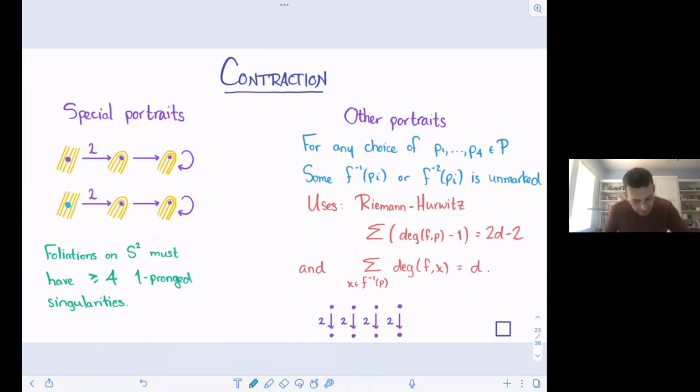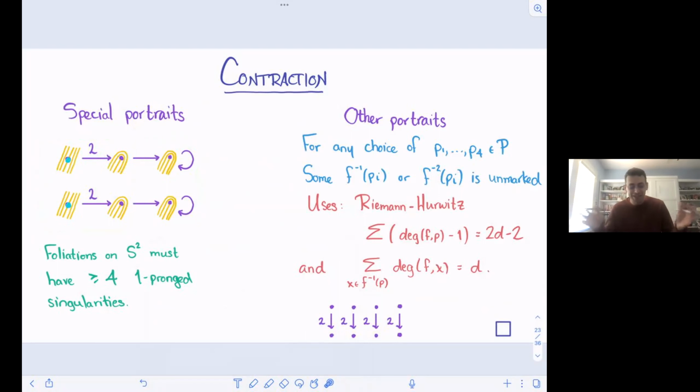These are unmarked, but because that's degree 2 there, this one-prong singularity becomes a non-singularity, and so you don't have that problem on the previous slide where a one-pronged singularity lifts to junk. That just doesn't happen in this example. So that's what's special about the portrait.